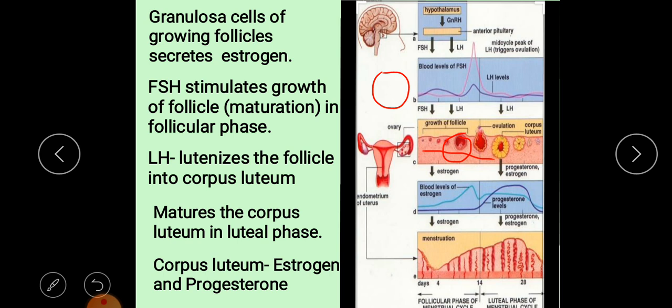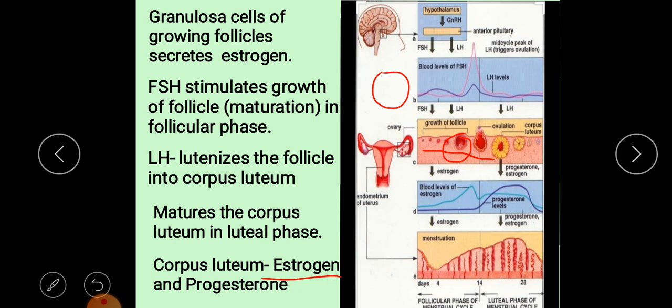Okay. So, when these two cells are together, they form estrogen. What happens is that the thecal cells use cholesterol to form androgens, and then they release those androgens. Okay. What is the function of LH in the follicle cell?